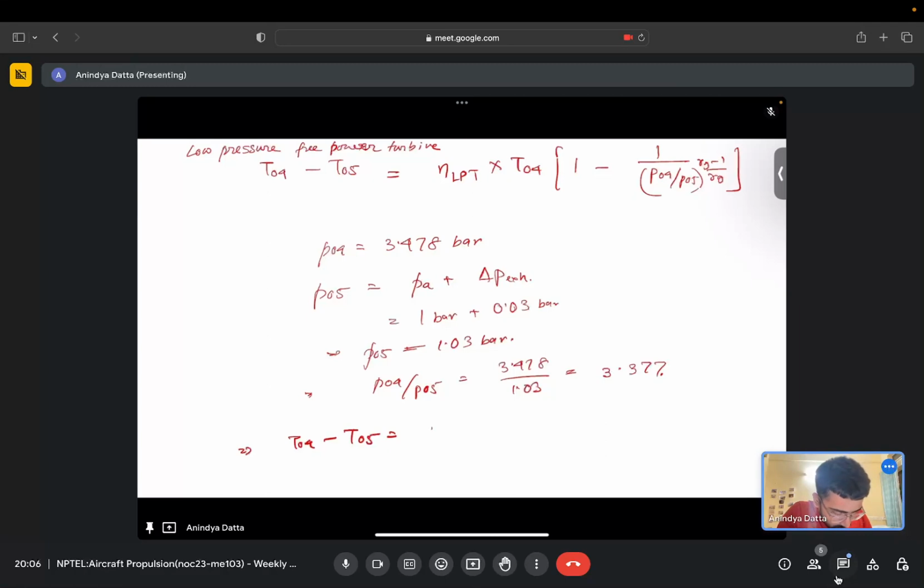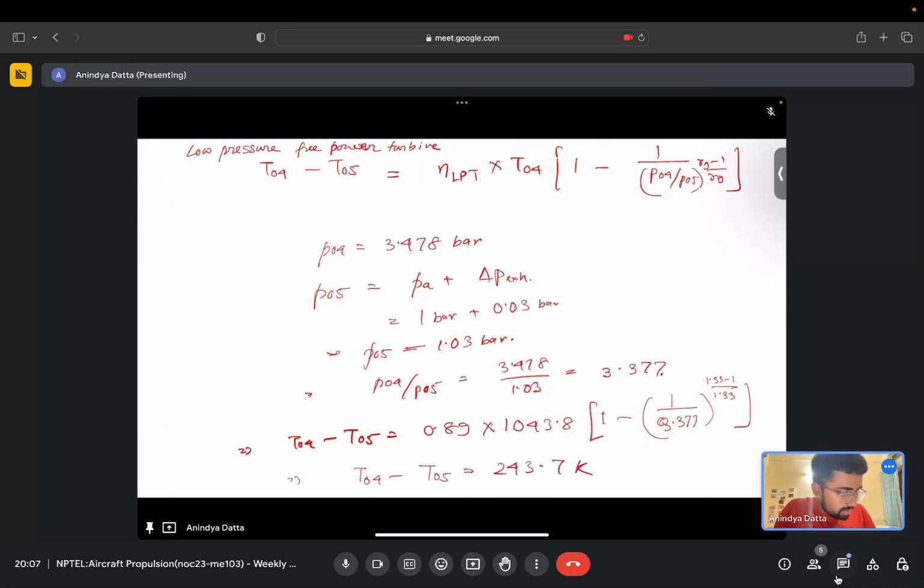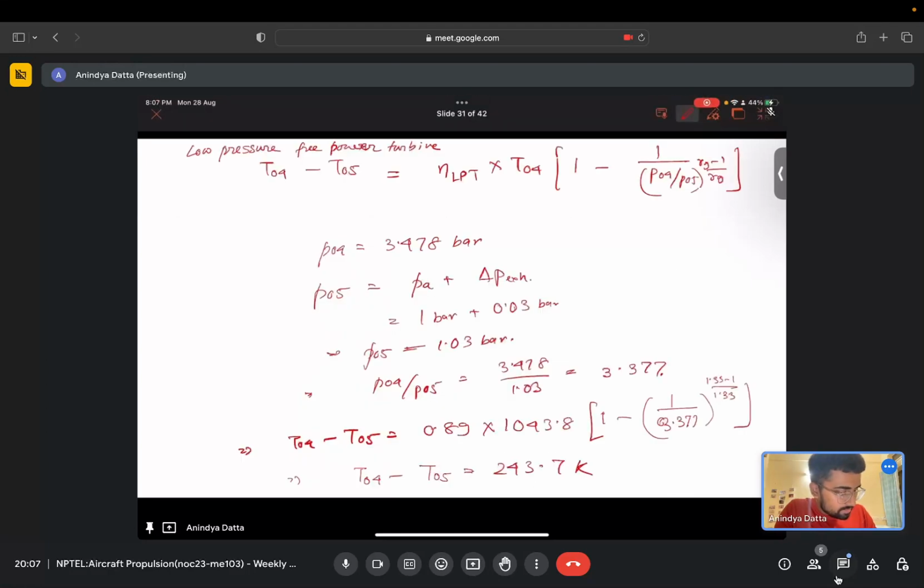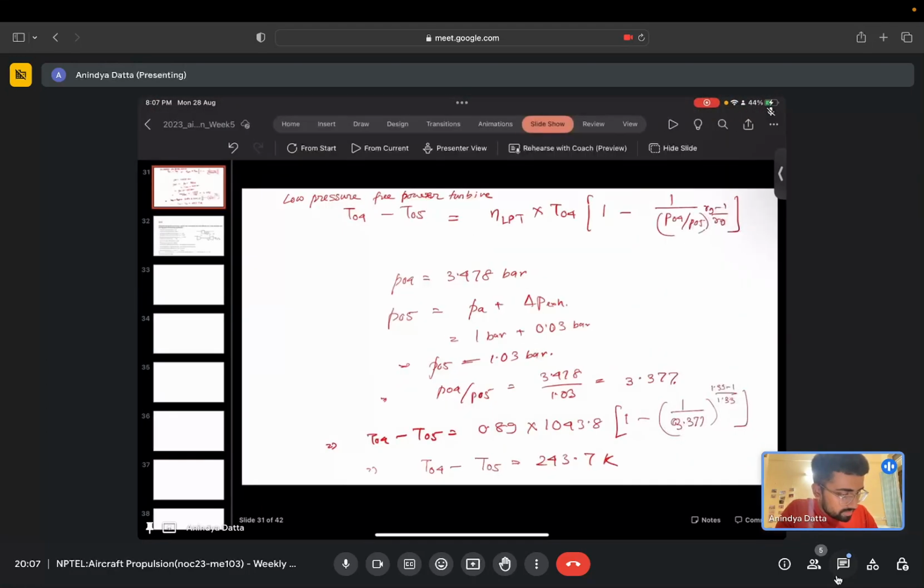This is equal to 0.89 times 1.43, the temperature T04, times 1 minus 1 divided by 3.377, whole to the power of (1.33 minus 1) divided by 1.33. If you solve this, you get T04 minus T05 as 243.7 Kelvin.